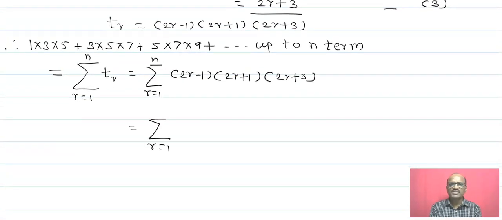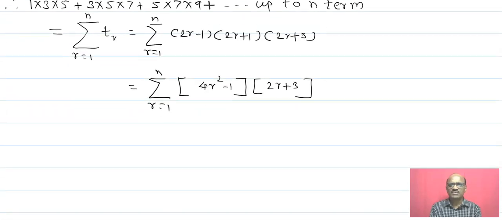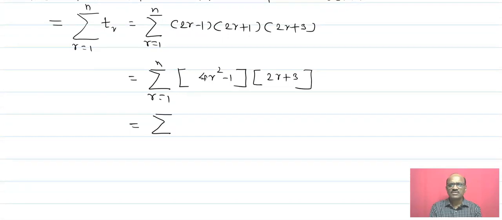Now their product is 4r square minus 1 into 2r plus 3. Now multiply them also. You will get summation r is equal to 1 to n, 8r cube plus 12r square minus 2r minus 3.